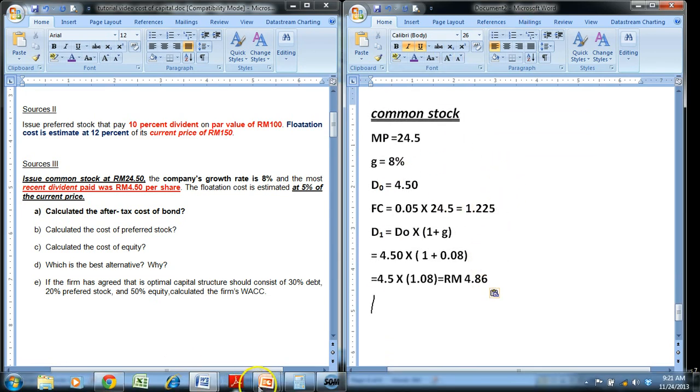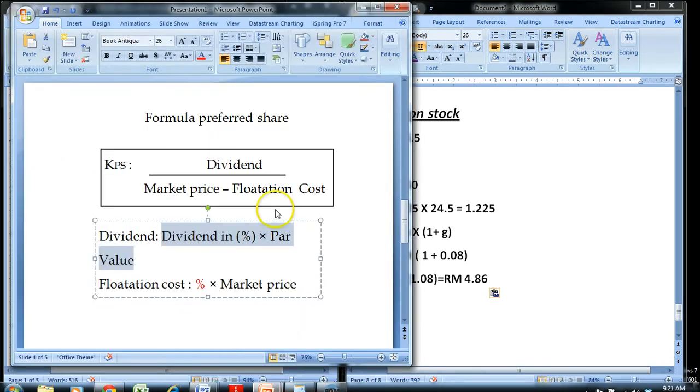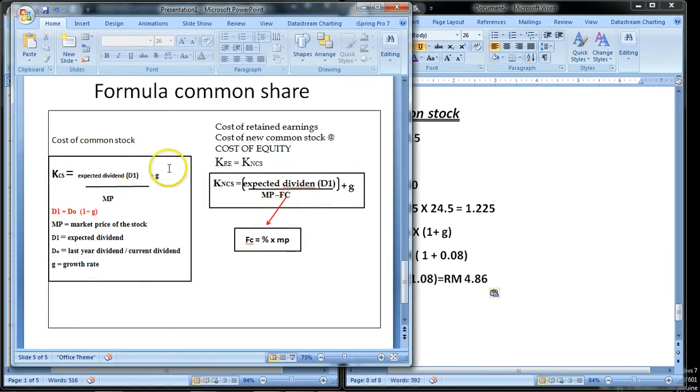So can I know what's the formula for common stock? Great. This is the formula, using this or this. If the question does not give you the cost of equity, you use this formula. If the question only gives the issue cost of common stock, you use this formula. In the case of issue, calculate the cost of retained earnings and the cost of new common stock using the same formula, MP minus FC.